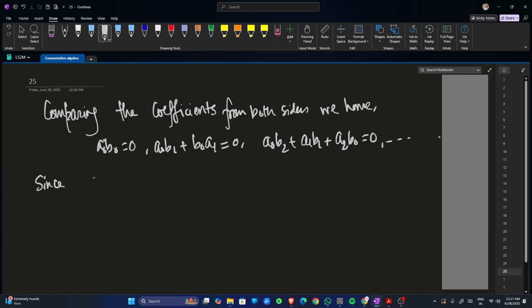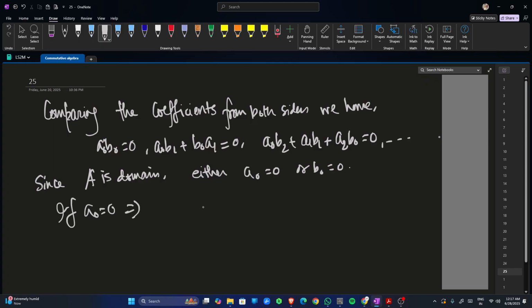Since A is a domain, either a0 equals 0 or b0 equals 0. If a0 equals 0, that implies b0 a1 equals 0, that implies b0 equals 0 or a1 equals 0.